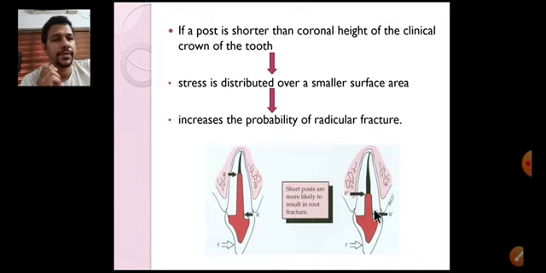Only a small surface area is available to dissipate those lateral forces. As the area for dissipating force is smaller, the chances of radicular fracture will be more. The tooth root may fracture in this area very easily, which can lead to failure of your treatment. So never give a short post.